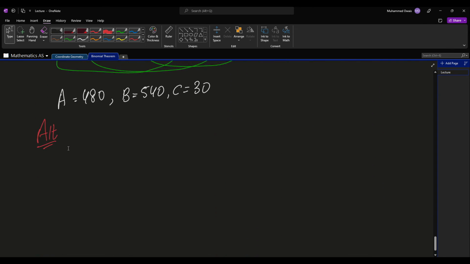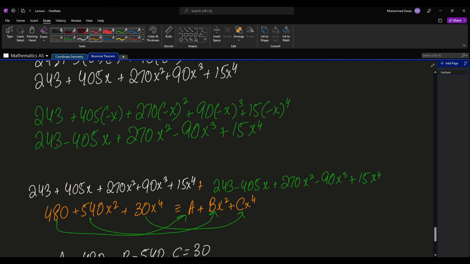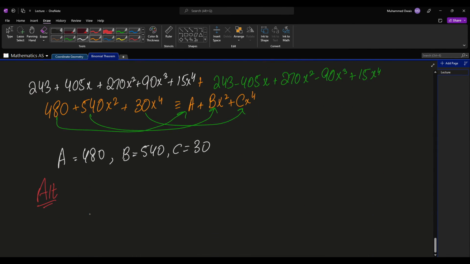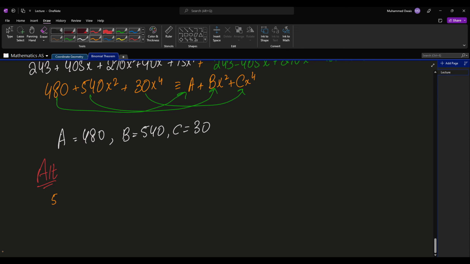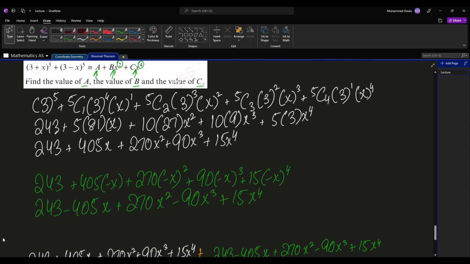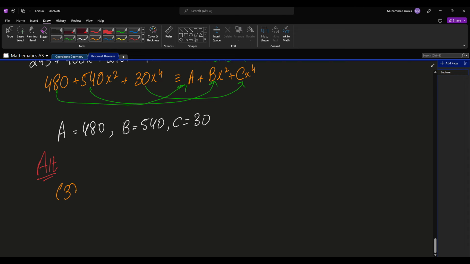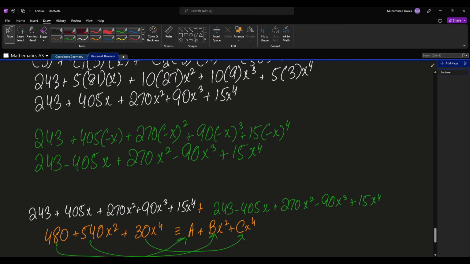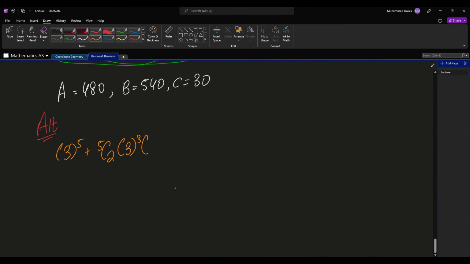So I can just directly write, when solving this, 3 plus x4 is initially 3 power 5 plus 5c2 into 3 power 5 minus 2, which is 3, into x square, plus 5c4 into 3, 5 minus 4 is 1, and x power 4.